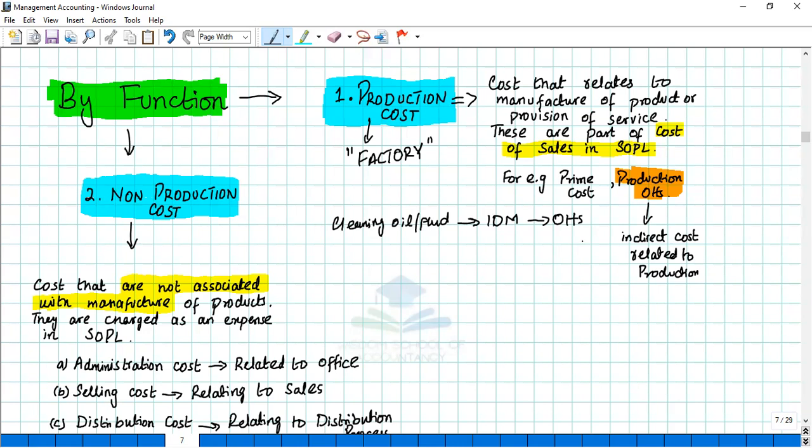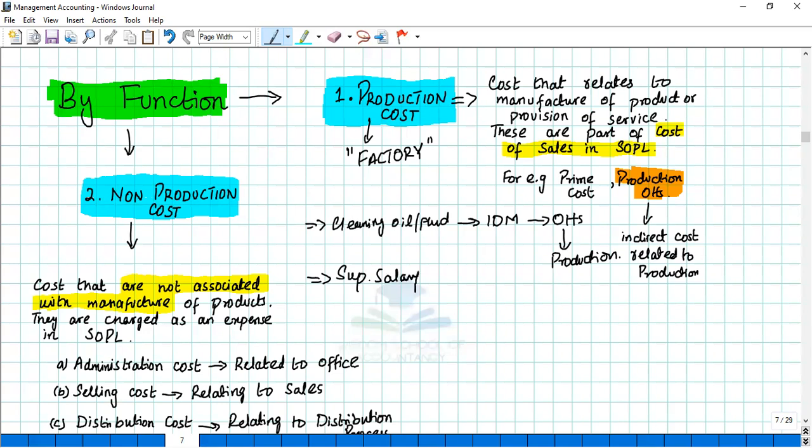Whether this cost is part of the production process, you have to ask yourself: yes, it's not directly identifiable by seeing the finished unit, but it is part of the production process, right? So it will be a production overhead, related to production.